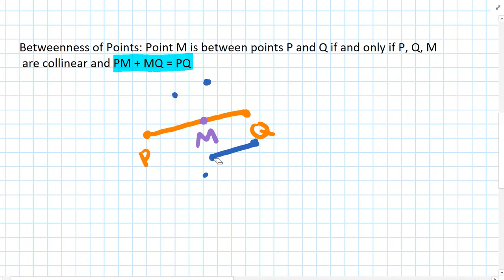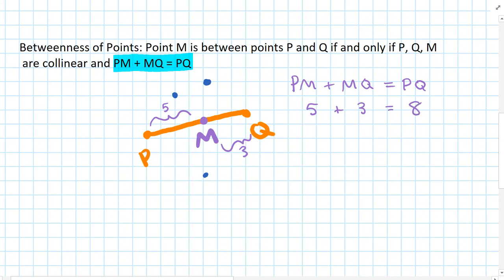So for instance, if I knew that the measure of PM was 5, and I knew that the measure of MQ was 3, then PQ would be 8. So since PM plus MQ is equal to PQ, then 5 plus 3 is equal to 8.